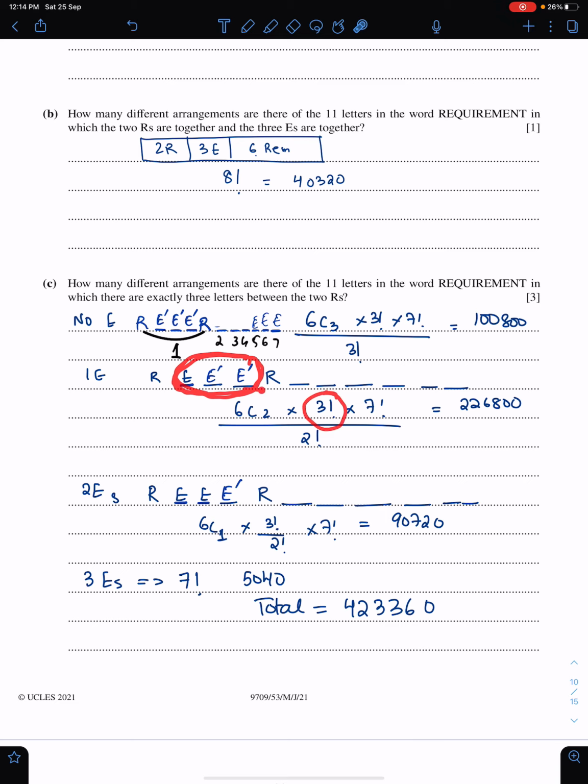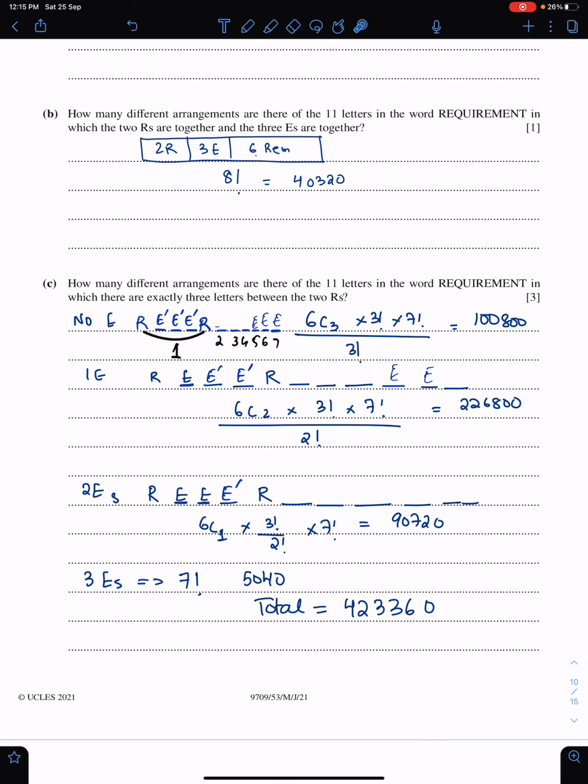So 3 factorial for these 3 letters. And we have 2 E's left, so we need to divide this result by 2 factorial. And this is just one object. So this is object number 1, 2, 3, 4, 5, 6, 7. So we have 7 factorial here and 2 factorial for 2 E's.